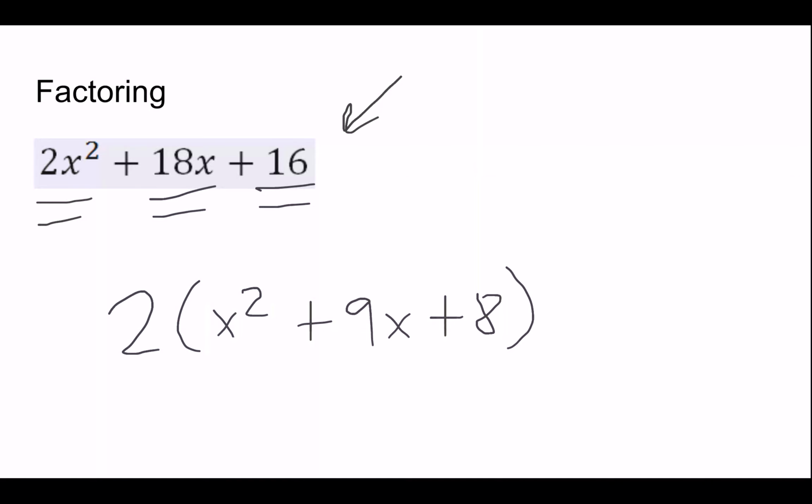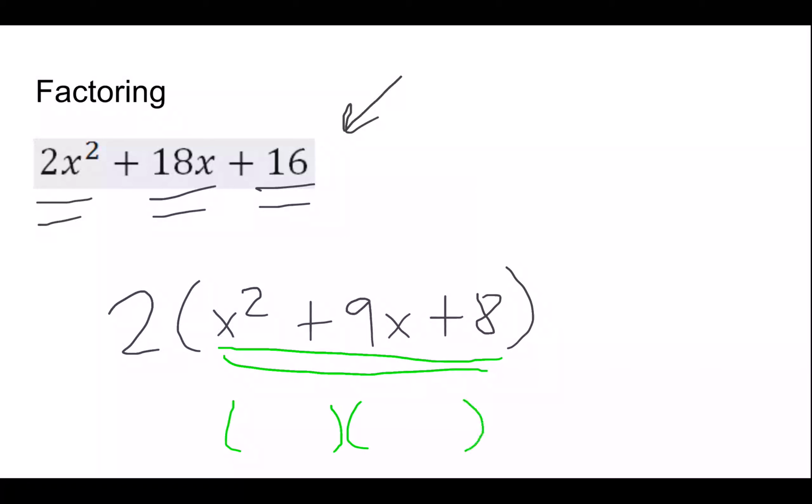Then, given this case, a lot of times we want to look and see if this thing can factor, and I know I didn't do it on the last problem. And when you look at that thing, it can. Because I can think of two numbers that multiply together to give me 8, but then add together to give me 9.